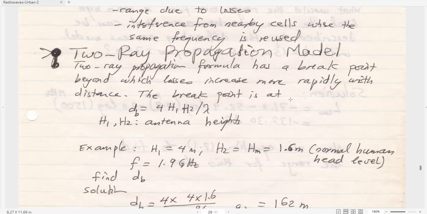Like this, the slope might be like this, then after that it will decay faster like this. So usually the slope here is 20 dB per decade, and here 40 dB per decade.